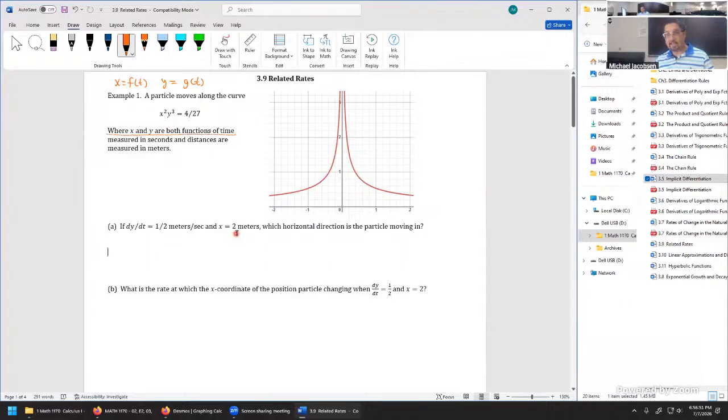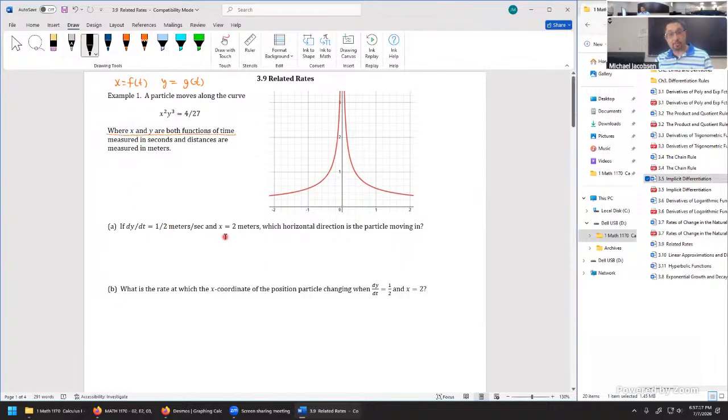If the particle has those two features going on for it, that's the rate of change for the y coordinate, and that's the position of the x coordinate. We just want to know which horizontal direction the particle is moving. Is it going to the left or is it going to the right, given this information? So here's how we deconstruct this.